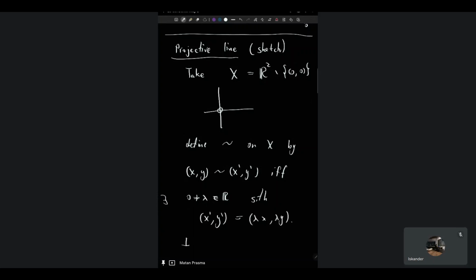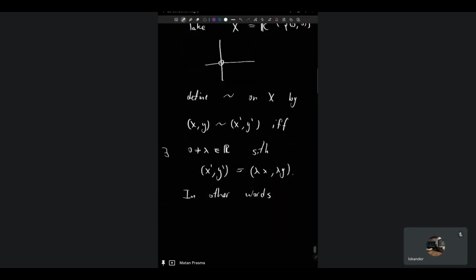In other words, I simply say that (x, y) is always equivalent to (lambda x, lambda y) for any non-zero lambda. And it's easy to check that this is an equivalence relation.